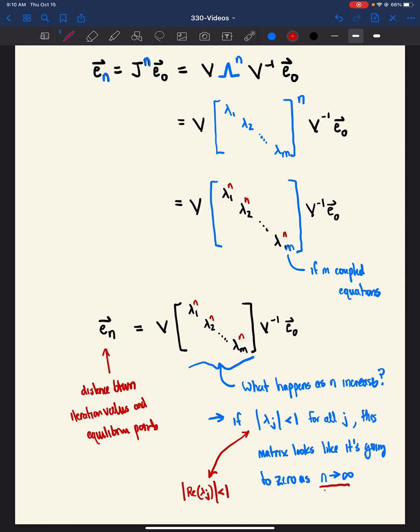And eventually, as n goes to infinity, that matrix is going to look just like 0. If that matrix looks like 0, then the distance between our iteration values and the equilibrium also goes to 0.